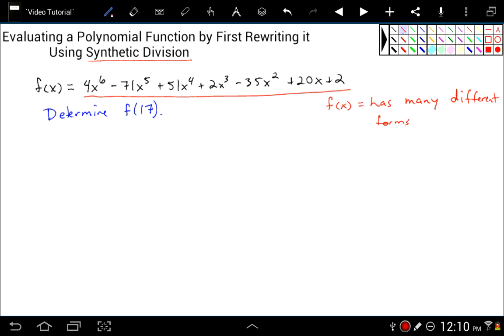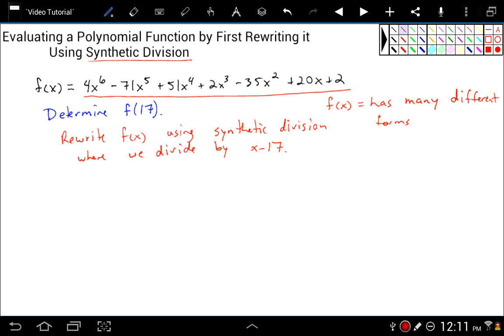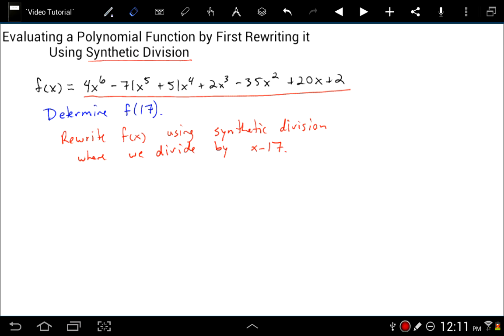So we're going to rewrite this crazy polynomial f of x using synthetic division where we divide by x minus 17. Okay? So how do we set that up?